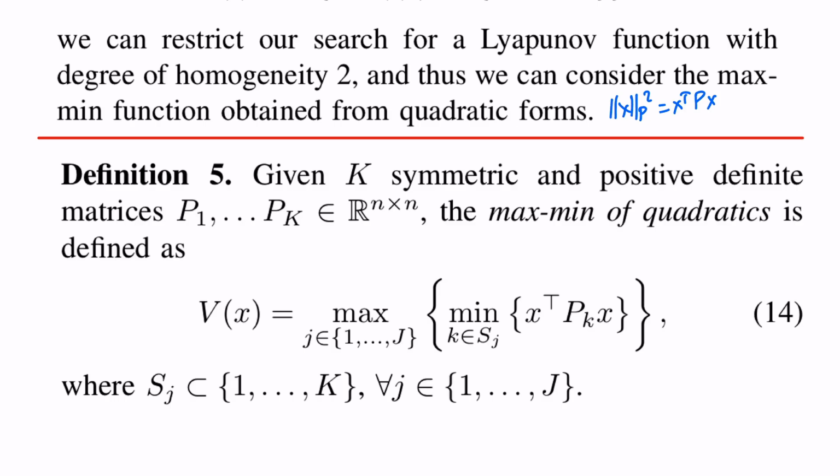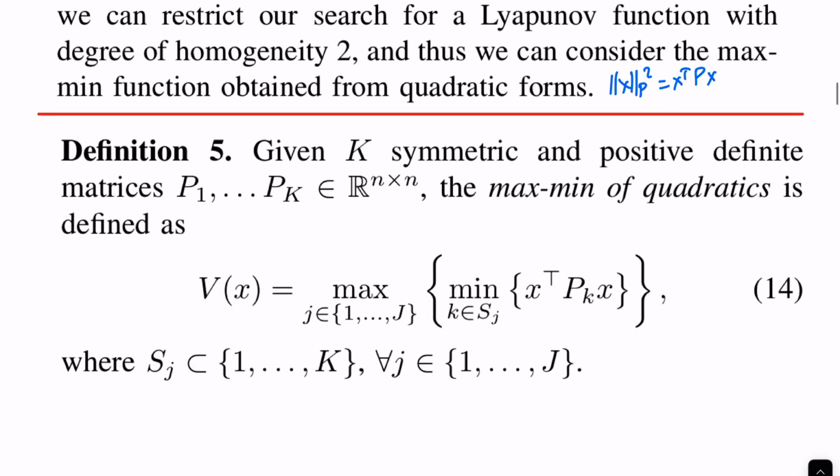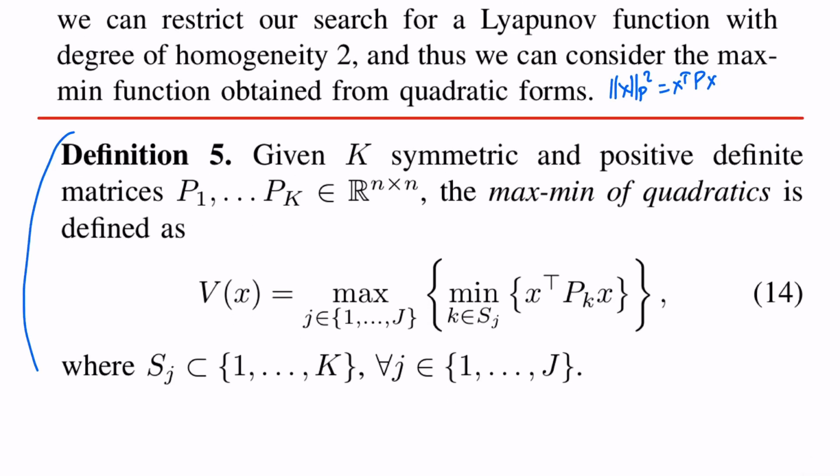However, since we are looking at a specialized differential equation, which is the LDI, instead of having a really general Lyapunov function definition, let's look at a special structure, even more special.